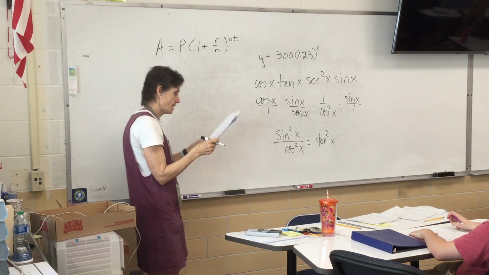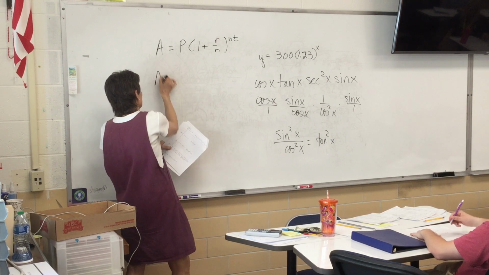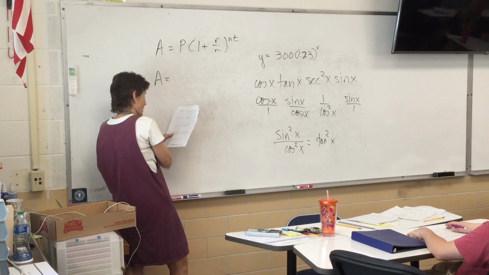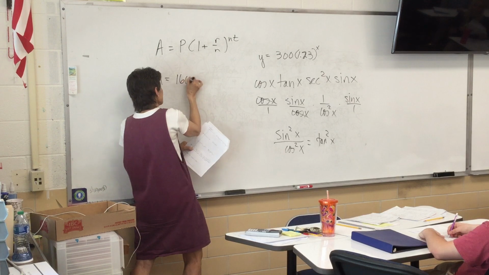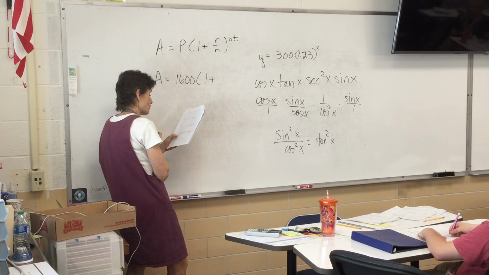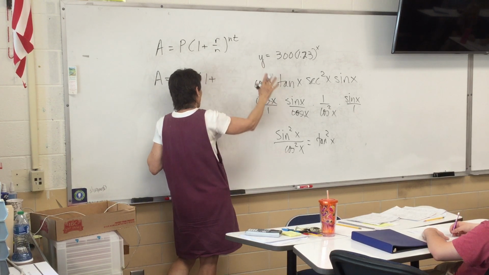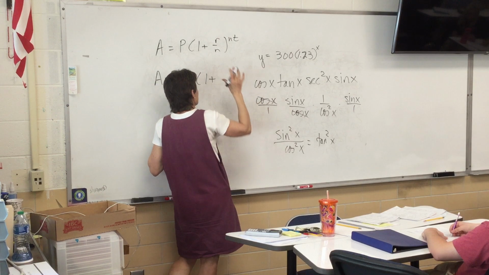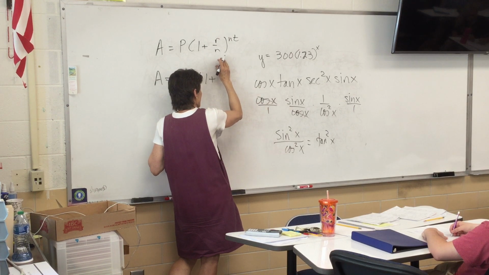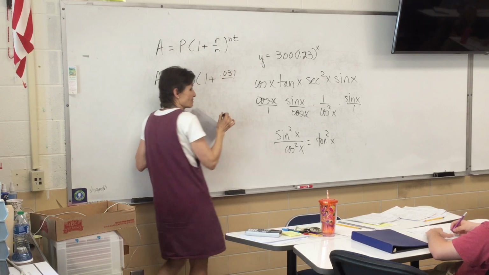So the question says, how much will I have in my account? So what will be the amount I end up with? If I start with 1,600, and my interest rate is 3.1. Now be careful, no matter what kind of problem you're doing, if you're putting an interest rate into the formula, it has to go in as a decimal.